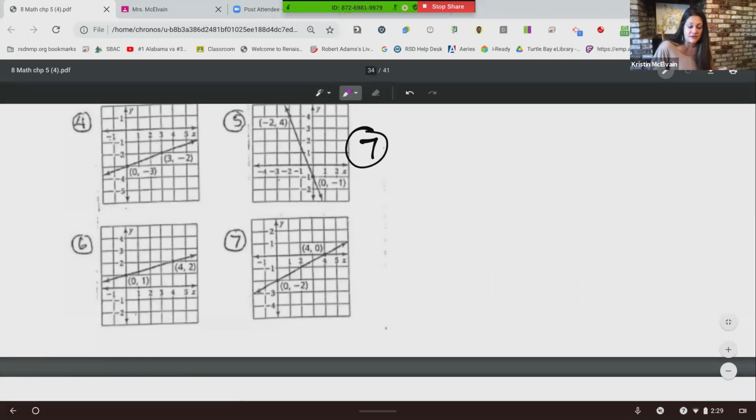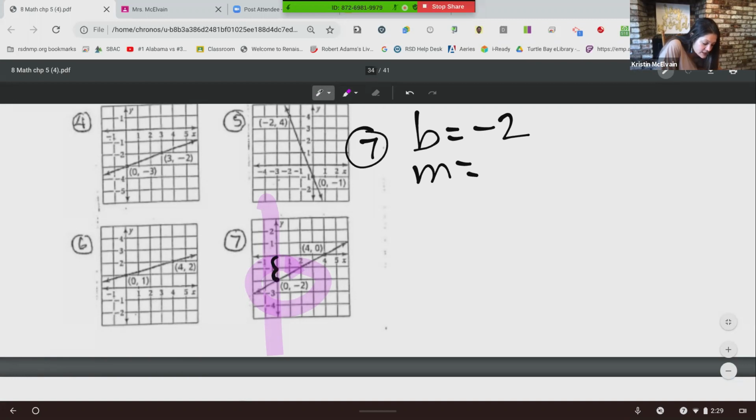Okay, I see 2 zeros in my points, but 4, 0 is a y of 0. I want this one here because that's the one that crosses the y-axis. Okay, so b is -2. And now I can look and see it's going uphill, so it's a positive slope. So I'm going to go up 2, 1, 2.